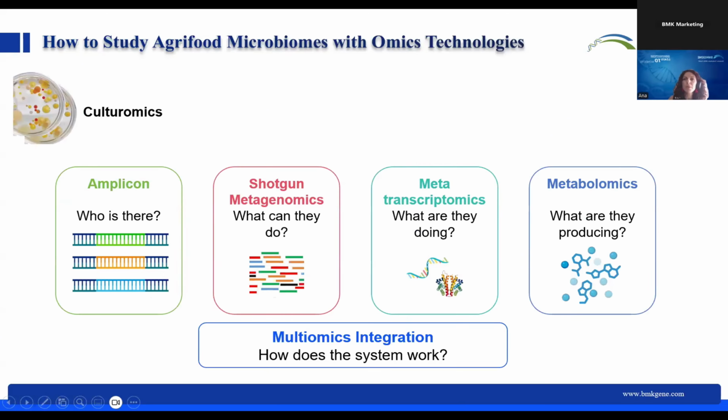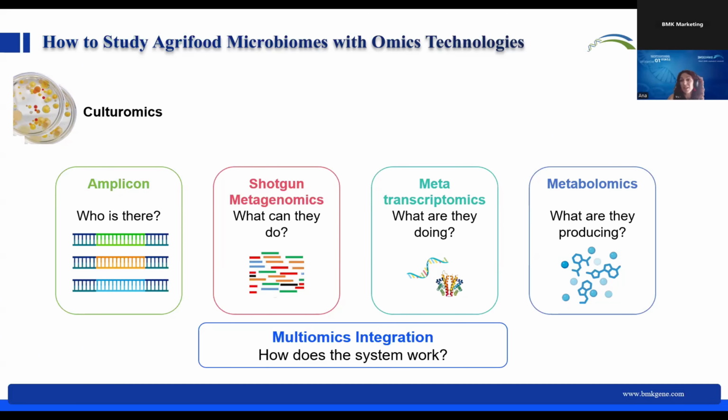So when we want to do agri-food microbiome research, the strategy that was used for a long time and up until recently was culturomics. So the idea was just taking a swab of a sample of a river, a soil, a plant, etc., and swabbing it in media, and then trying to isolate the colonies in different selective and differential culture media to be able to identify the microbes there.